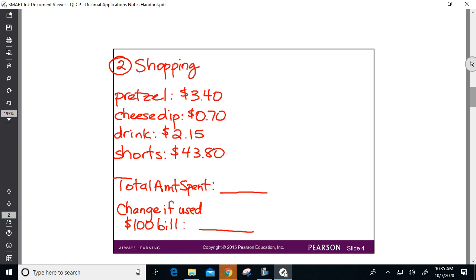All right, so I'm going to add all the things that you went and bought up. So $3.40, 70 cents, $2.15, $43.80. So we got to add all those up. So above this 4, we're going to put all the zeros.